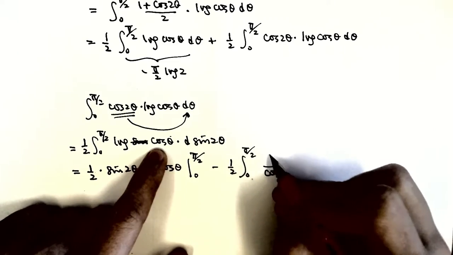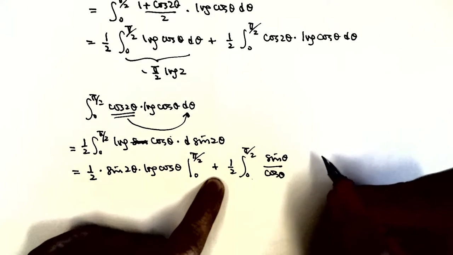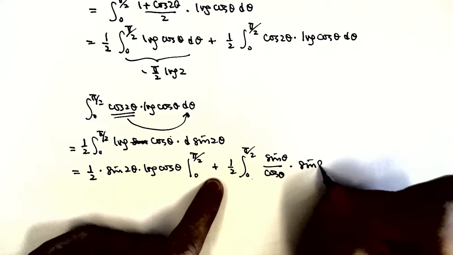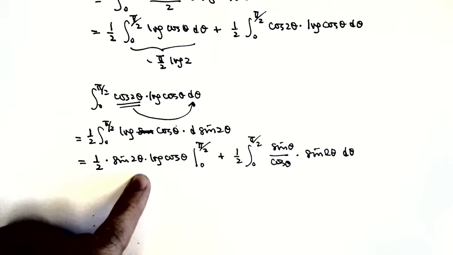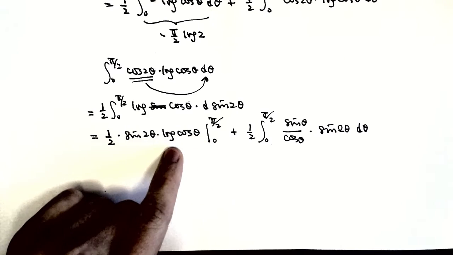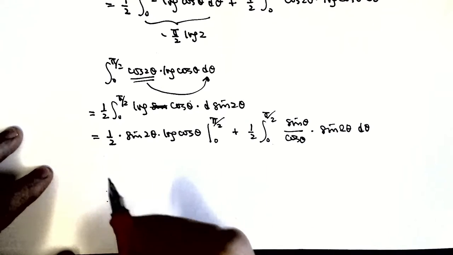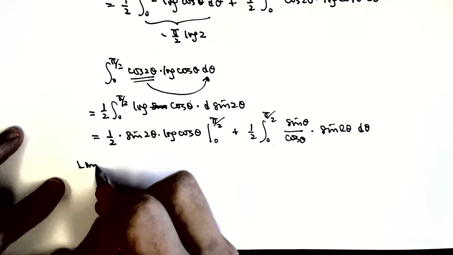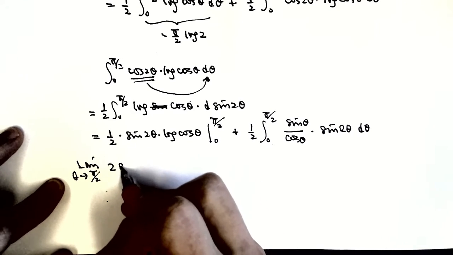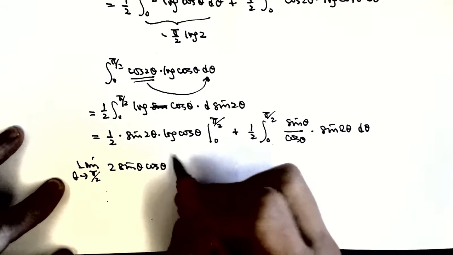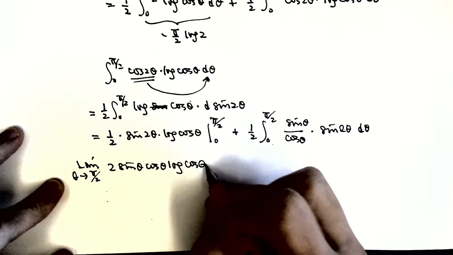The derivative of cosine is just minus sine, so we change sign here, and then we multiply by sine 2 theta d theta. Now we have to evaluate the limits. When theta is 0, these terms will vanish. When theta is pi over 2, we have to do some calculations: the limit as theta tends to pi over 2 of sine 2 theta, which is 2 sine theta cosine theta, times log of cosine theta.